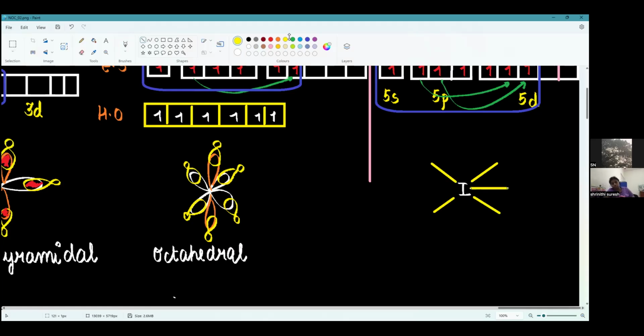Okay, then there will be one bond above and one bond below. Like one bond above, one bond below, and at all the places you are going to have fluorine.